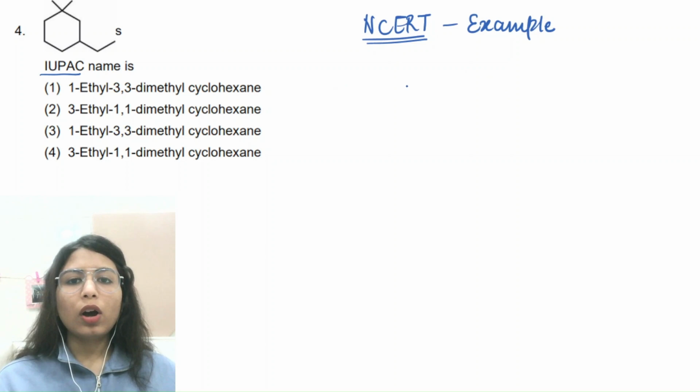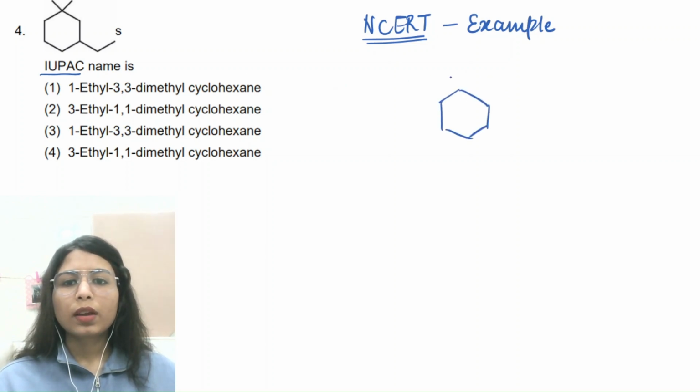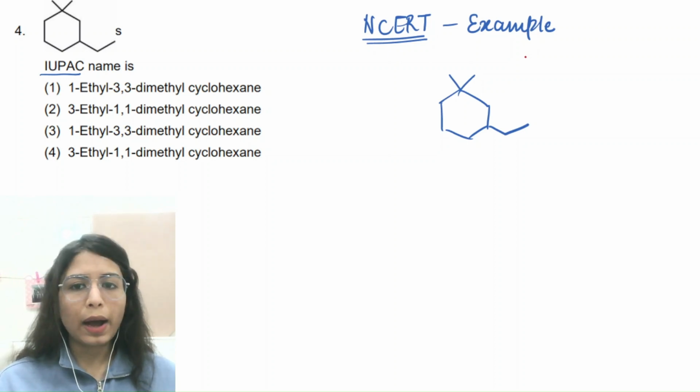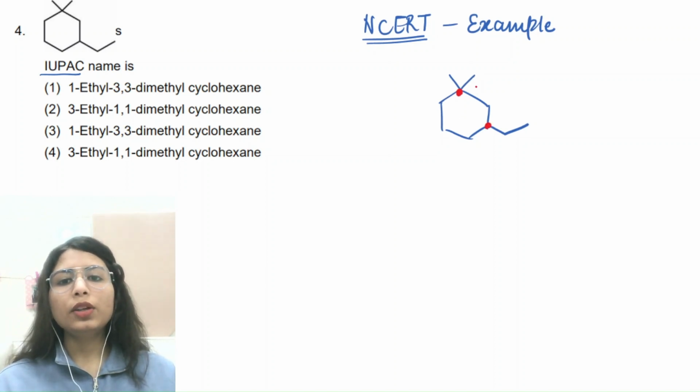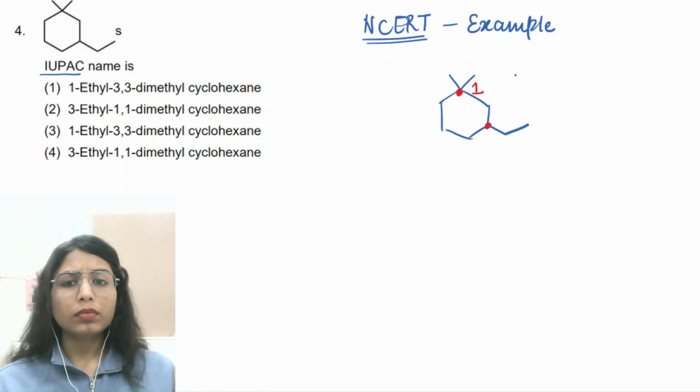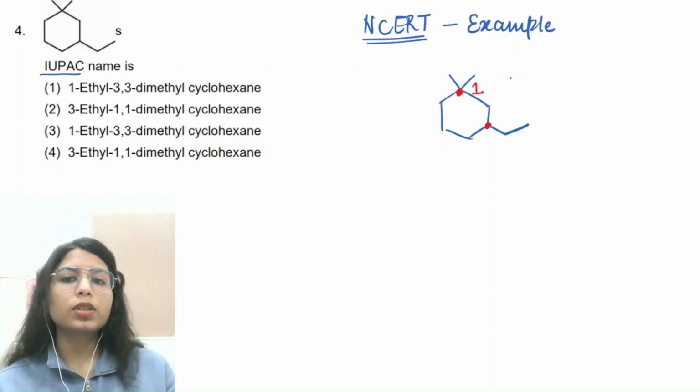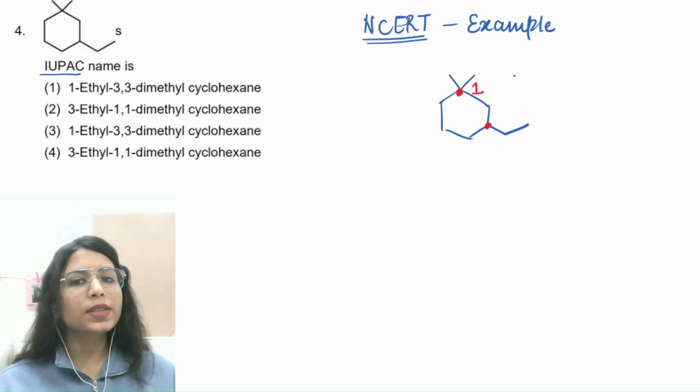Here, if I talk about the numbering part, this is the compound which is given to you. Firstly you have to number it in such a way that the most substituted part gets the least number. So where to start the numbering? You have to start the numbering from here, because you have to give preference to that part of your compound which contains the more number of substituents.